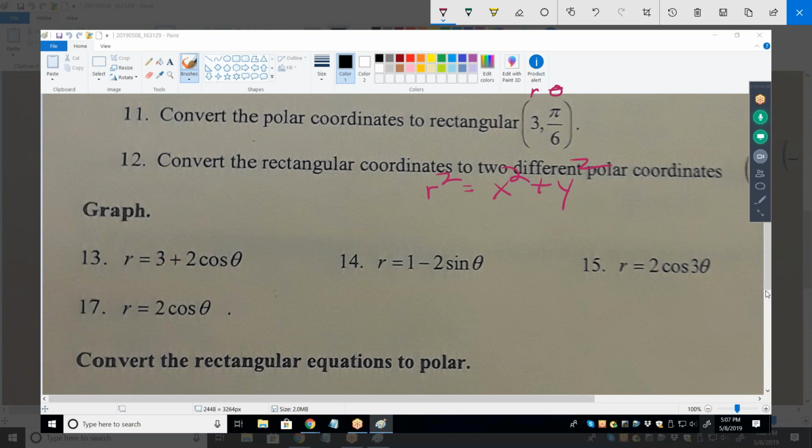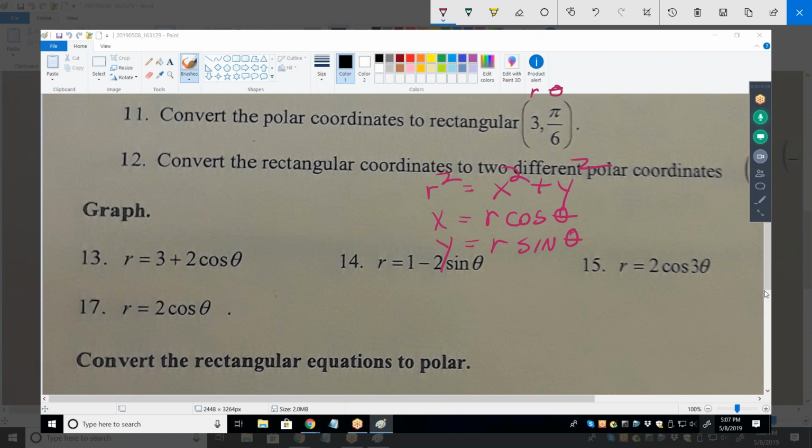That's not the most important one. The most important ones are x equals r cosine of theta and y equals r sine of theta. Those 3 equations will allow you to switch back and forth between polar and rectangular coordinates.